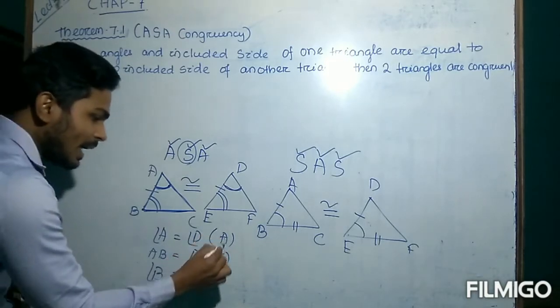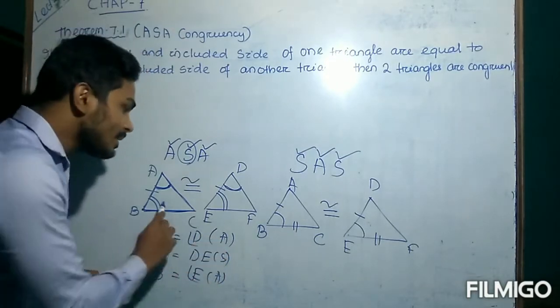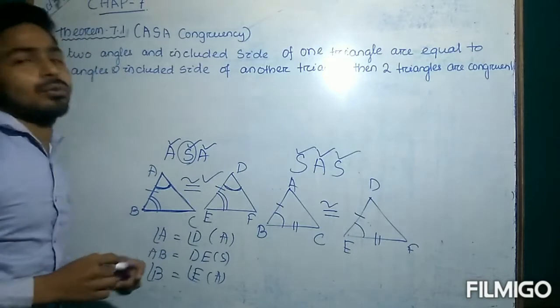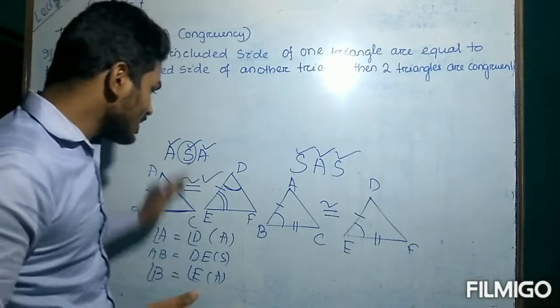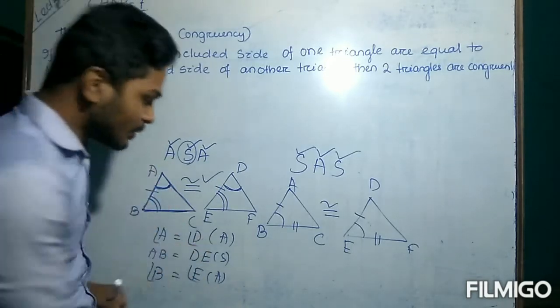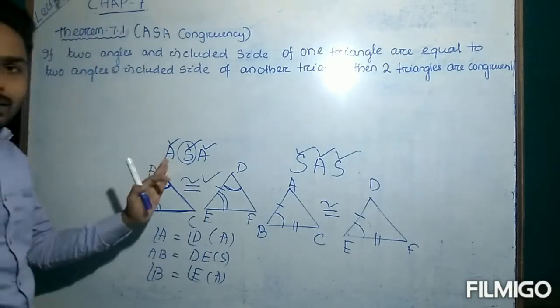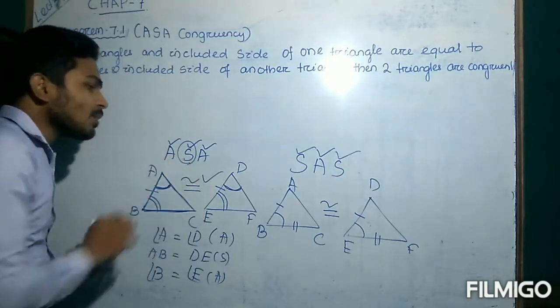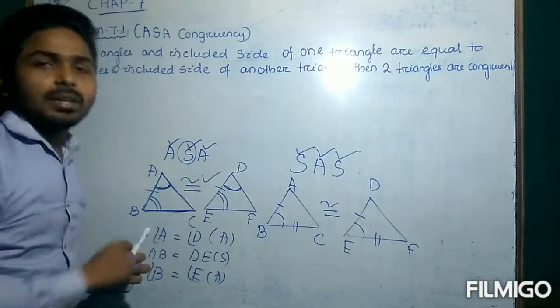Then according to ASA congruency, these two triangles will be congruent. This is our matter of discussion today, so we will now discuss how through ASA congruency these two triangles are congruent.